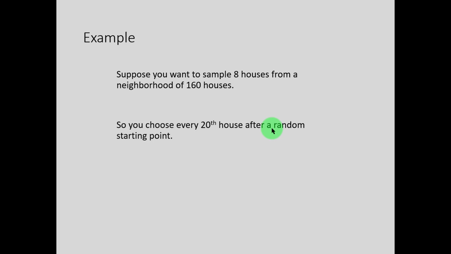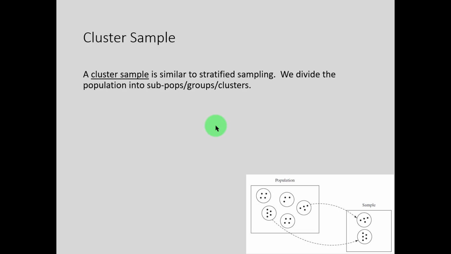You probably wouldn't want to start with your house or your best friend's house, because you might be inserting bias into that. You'd want to select a random house to begin with, and then choose at regular intervals, i.e. every 20th house.